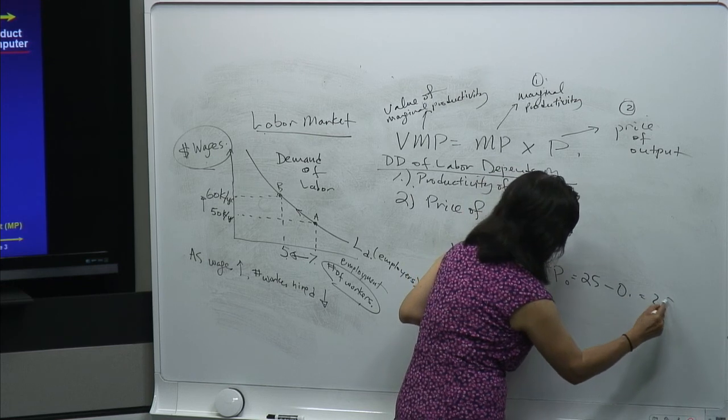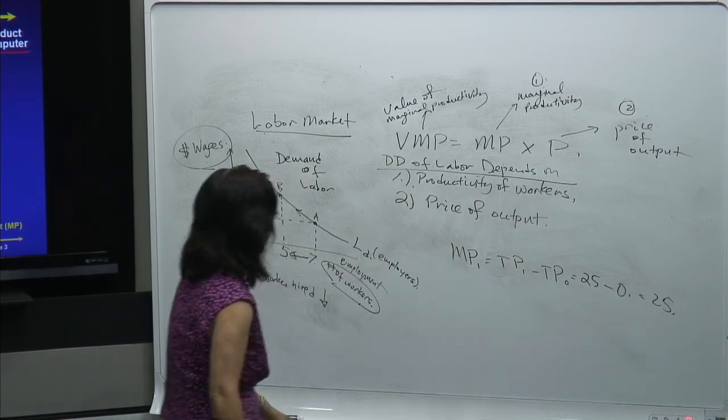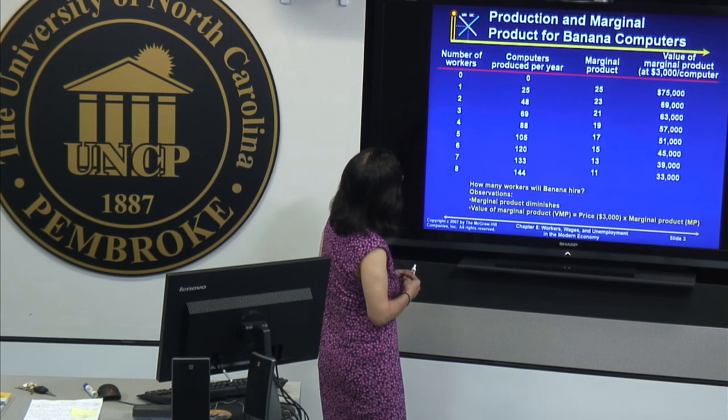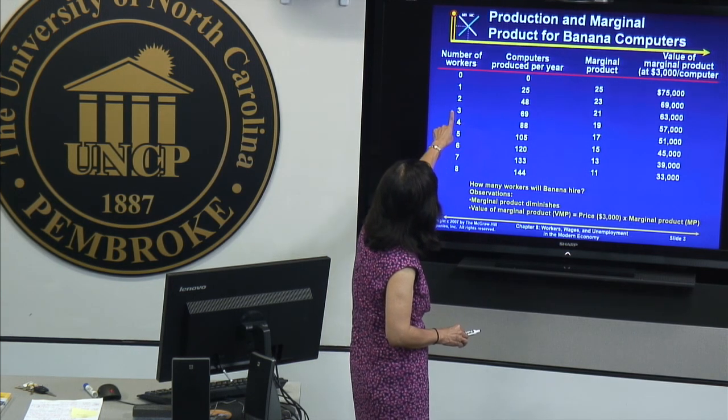So the answer is 25. Because the total productivity of hiring 0 workers is 0, you don't have anything there. In fact, you notice that the 25 should be placed between 1 and 0.